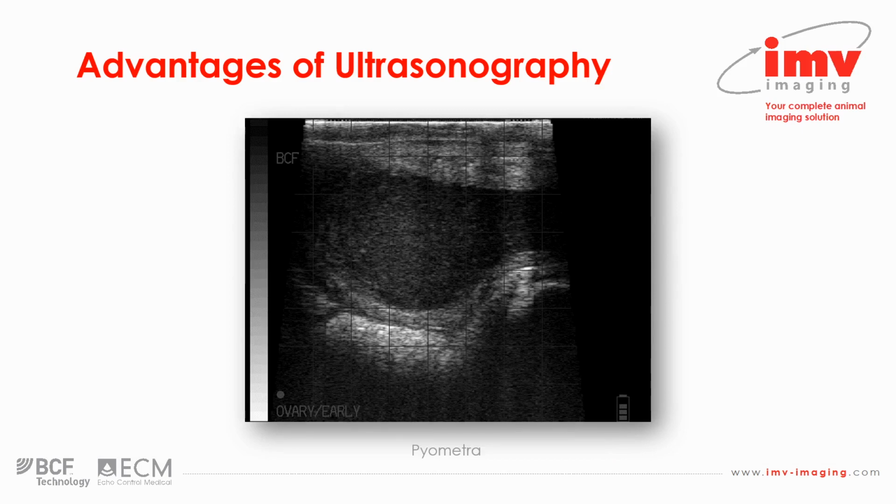And then finally, this is a still image again, this time of a pyometra. And again, this is something which we may be able to feel manually via rectal palpation, but we can be more confident of our diagnosis using ultrasound.